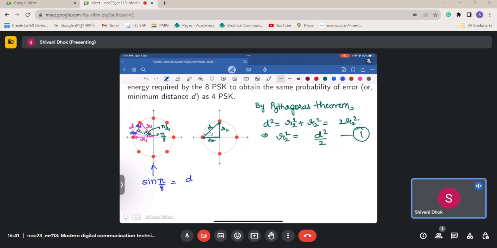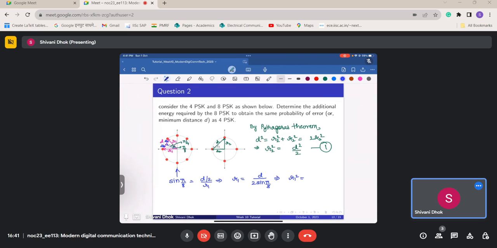So R1 is equal to D upon 2 times sine pi by 8, which again implies that R1 square is equal to D square upon 4 sine square pi by 8.